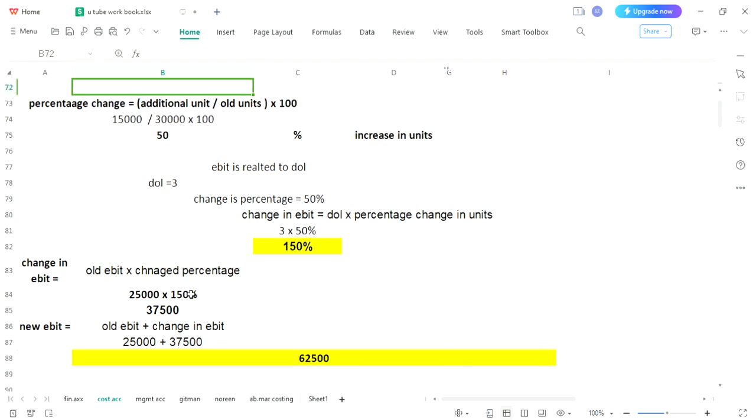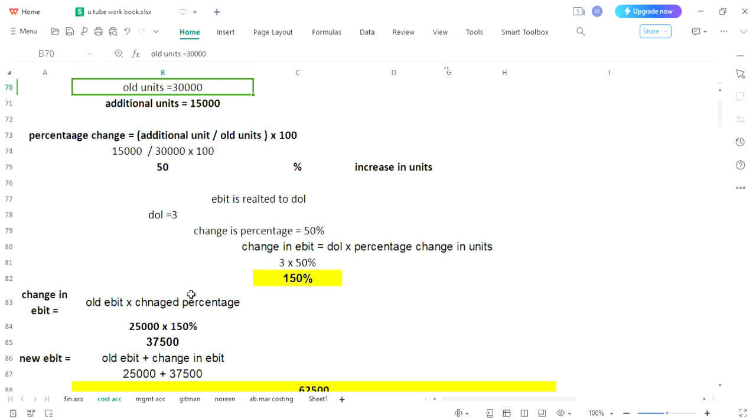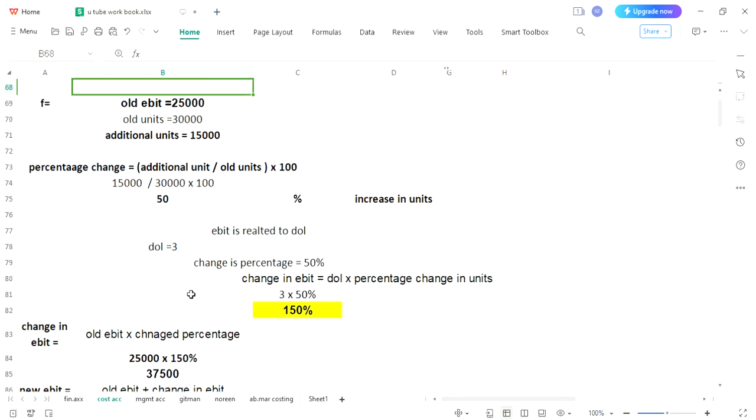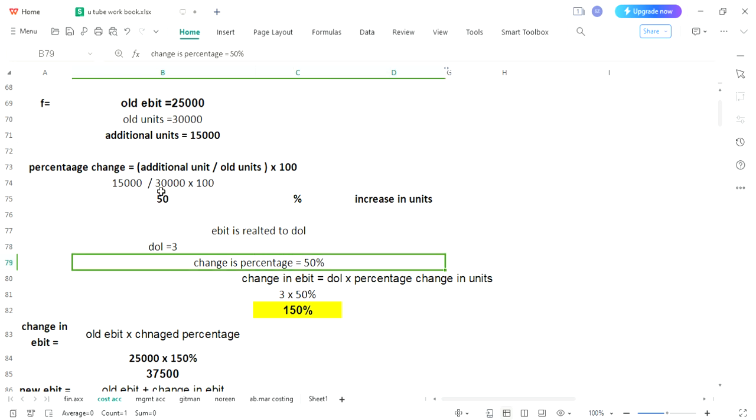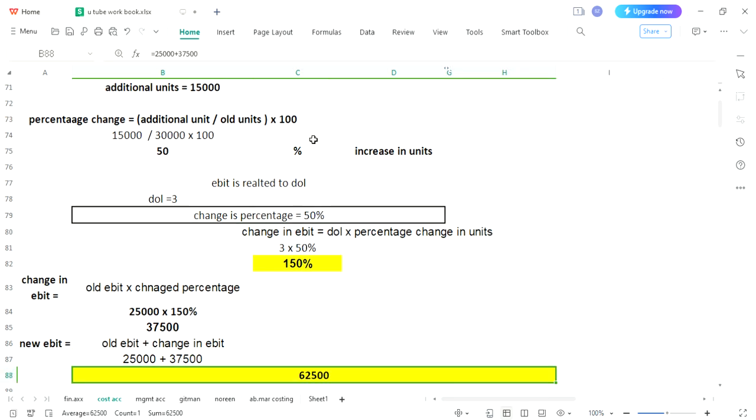Look over here, we have calculated the change is 50%. It should also be marked, and it is the main milestone where we have used it for several calculations. Change in EBIT, how did you calculate? Degree of operating leverage, percentage change.